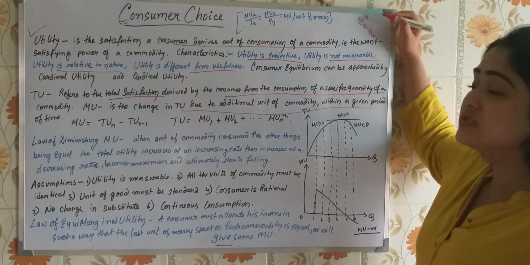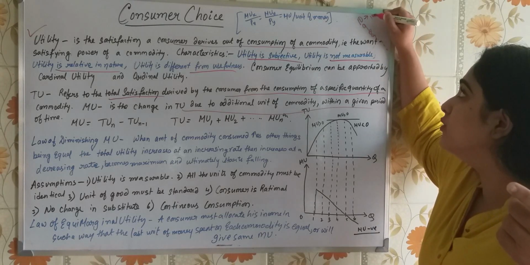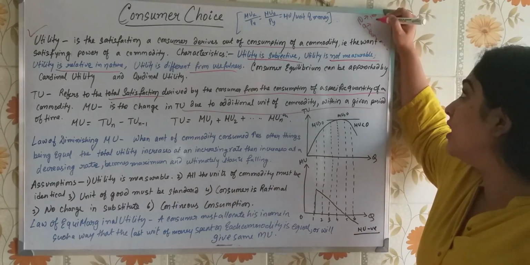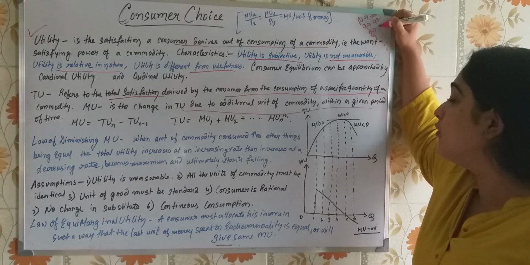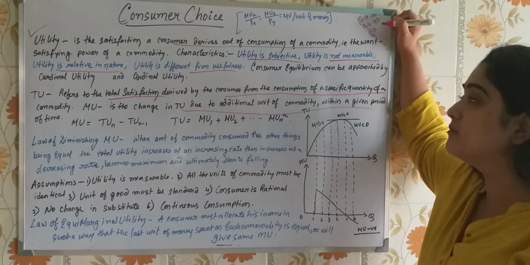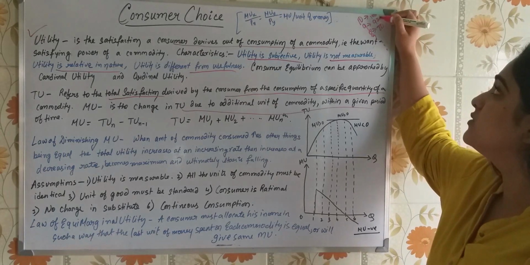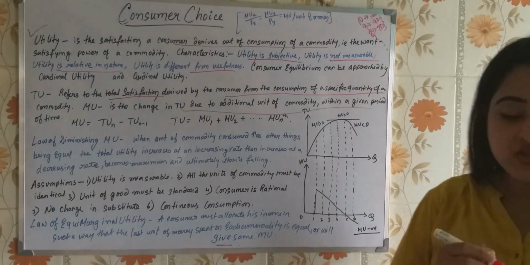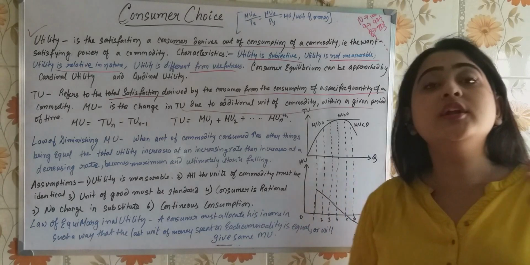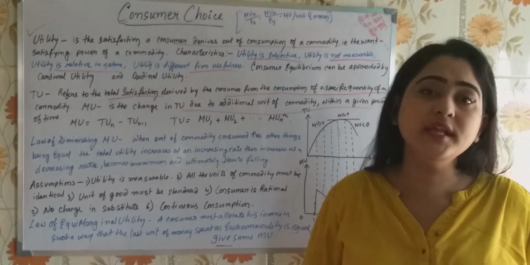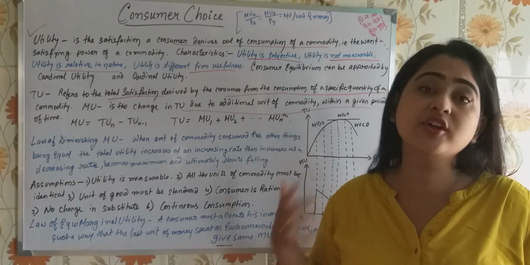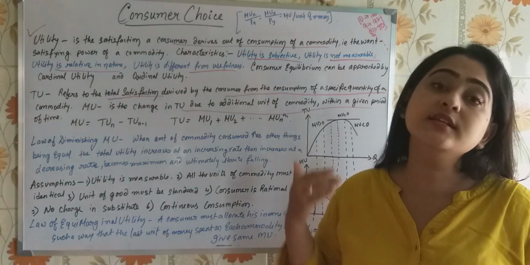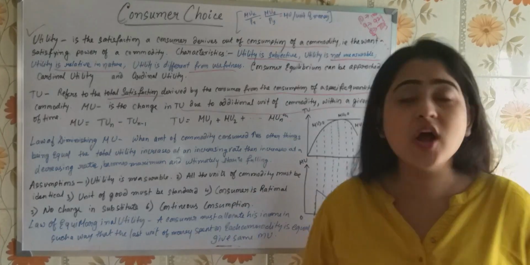So 10 glasses of water is providing you 100 utility. 9 glasses will definitely provide you something less, maybe 92 utility. 8 glasses of water will be providing you more or less, maybe 70 utility. So this way there are the changes, right? So with every additional unit of commodity, the change that is taking place in the satisfaction level in terms of utility, that we call marginal utility.